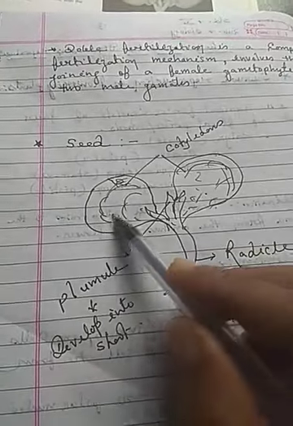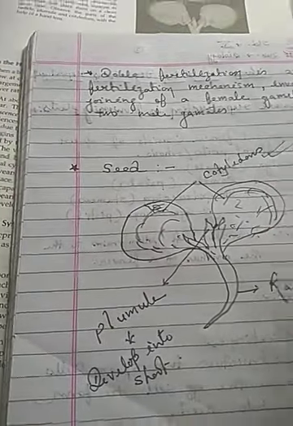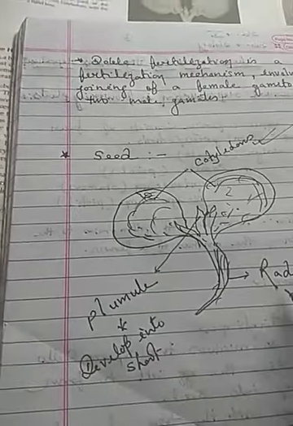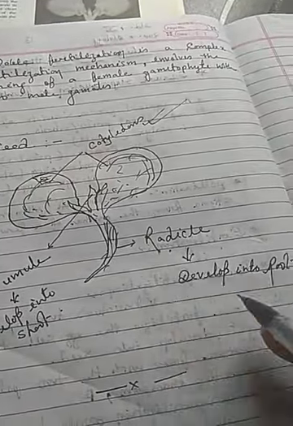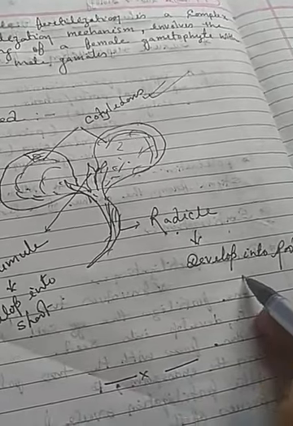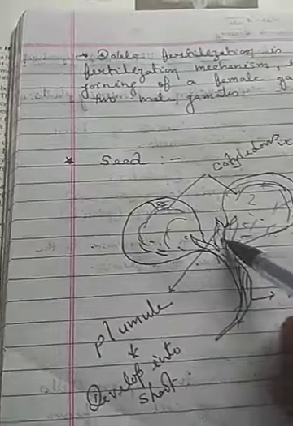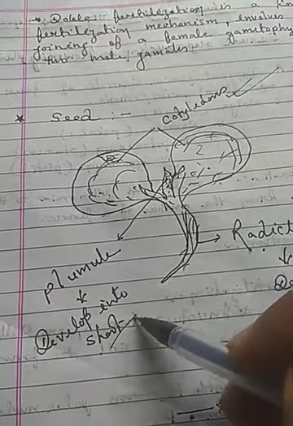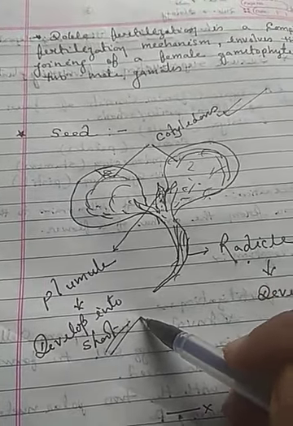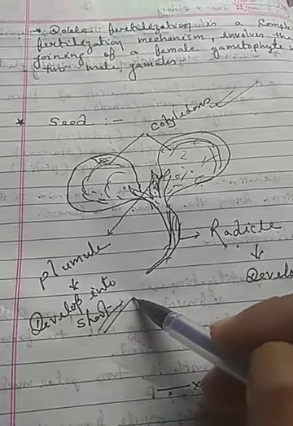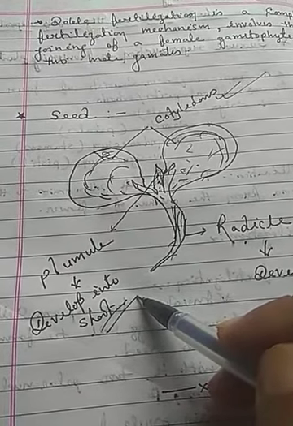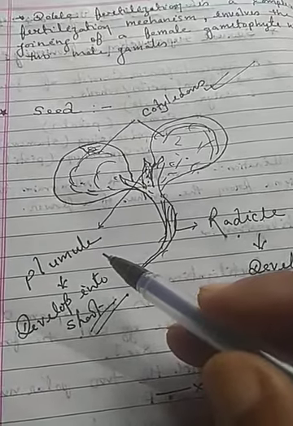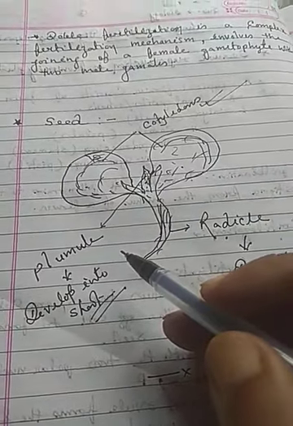These two parts are called cotyledons, and the lower part that develops inside is called the radicle, which develops into the root. The upper part is called the plumule, which develops into the shoot. When the seed is kept in the soil, the radicle develops into root and moves downward in the earth, and the plumule develops into shoot and moves upward toward the sun, and develops into a new plant.